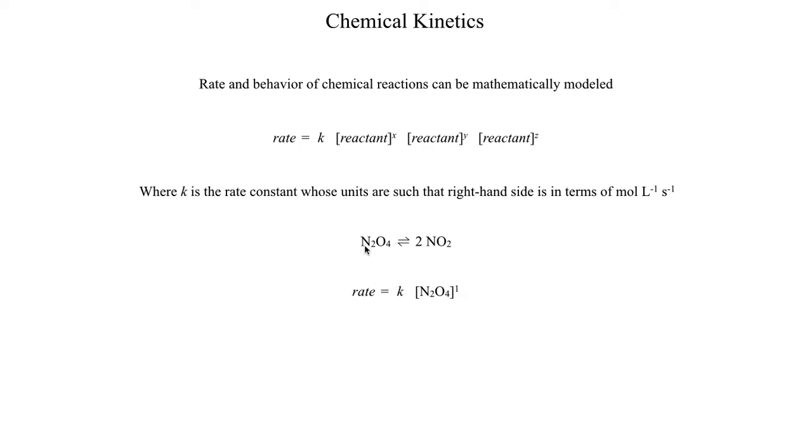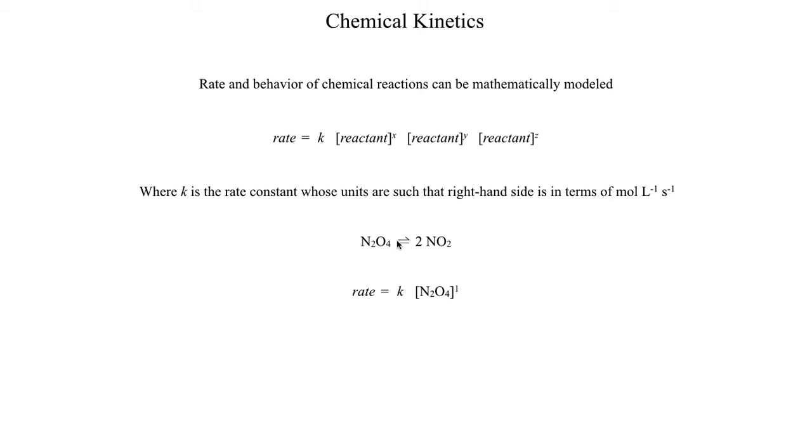And if we want to express this in terms of the nomenclature that we defined up here, then the rate of this reaction, that is the decomposition of dinitrogen tetroxide into 2 molecules of nitrogen dioxide, would be expressed as the rate constant for that specific reaction times the concentration of dinitrogen tetroxide raised to the power of 1, since the coefficient that appears in front of it is just 1. We could even leave that out if we wanted to.